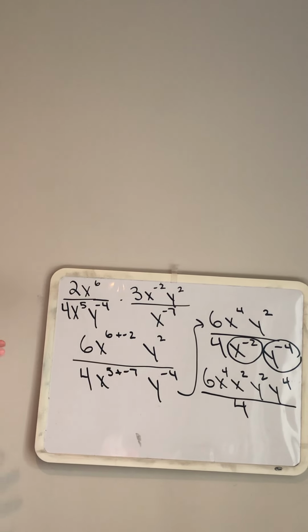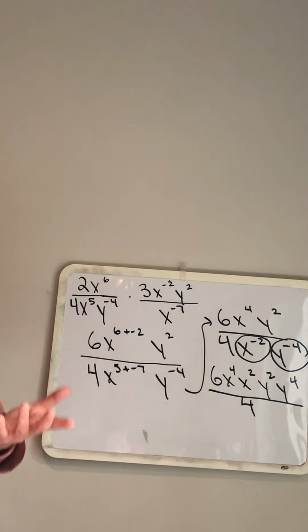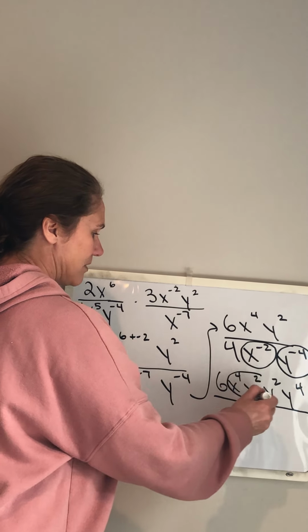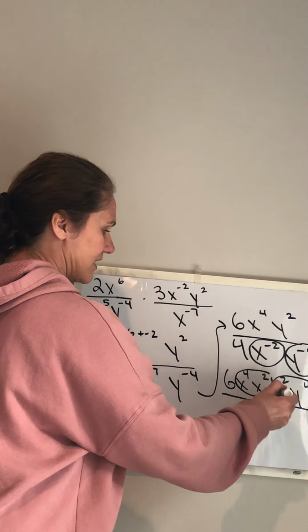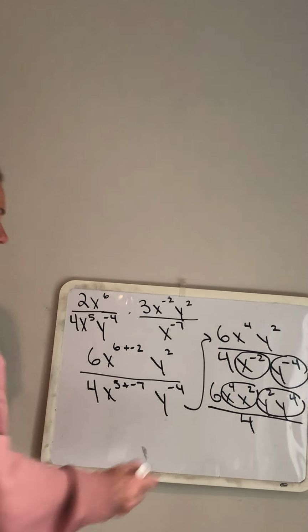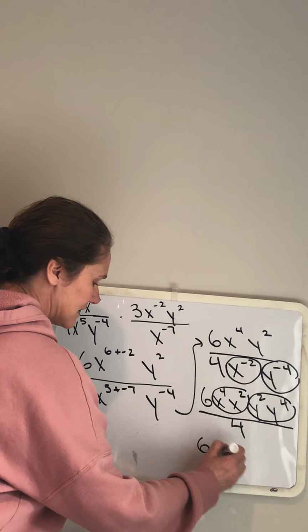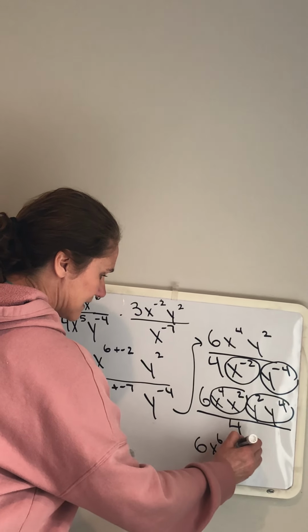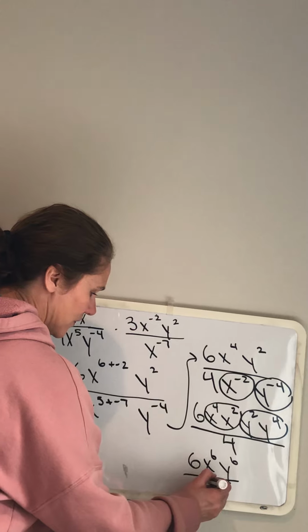Now, when you go to appropriately add or subtract the exponents, you see that these are multiplication problems, so the exponents get added. So now you have 6x to the 6th, y to the 6th over 4.